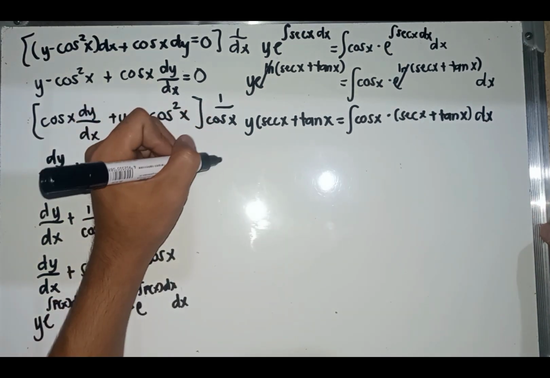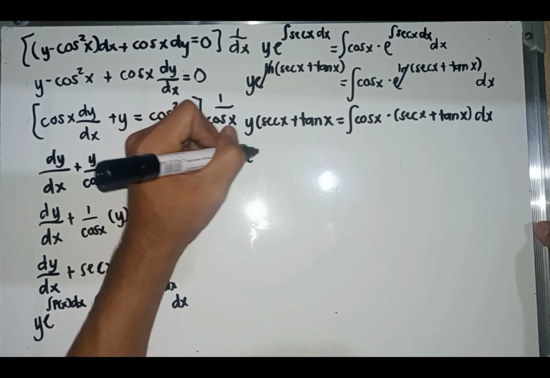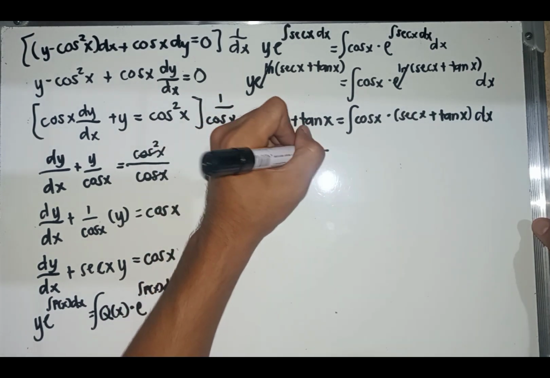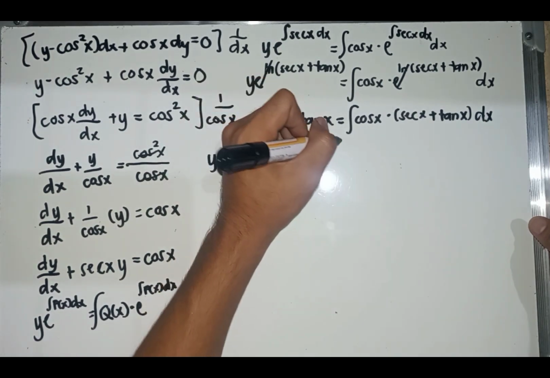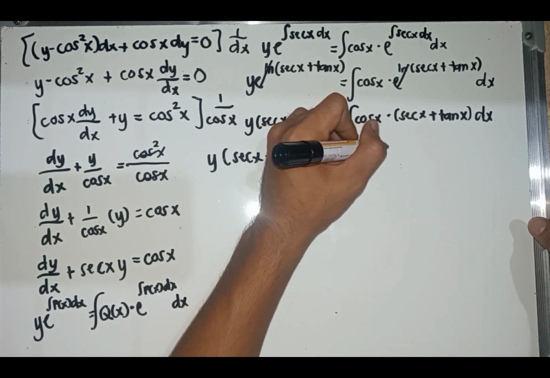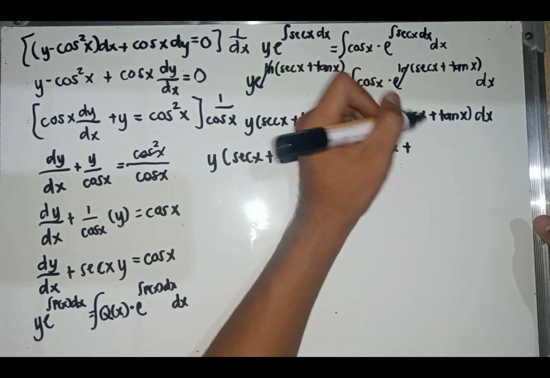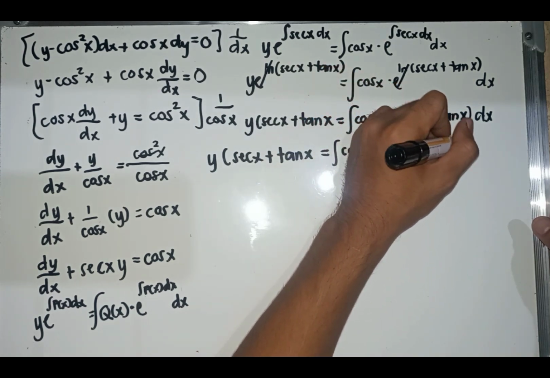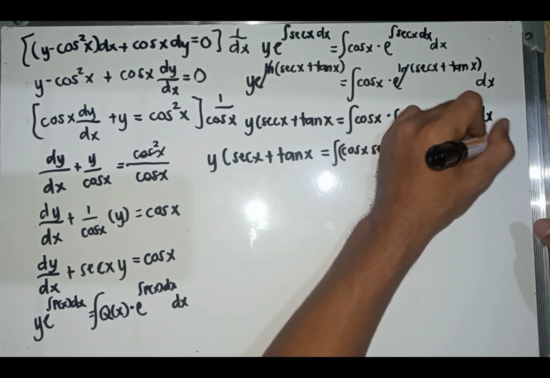So y times secant of x plus tangent of x is equal to the integral of cosine of x secant of x plus cosine of x tangent of x, and then don't forget the dx.